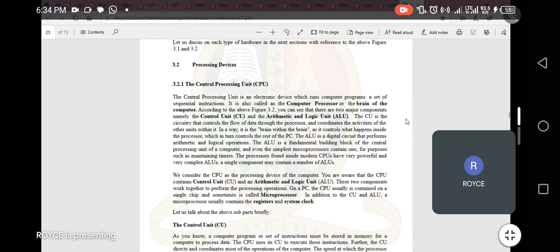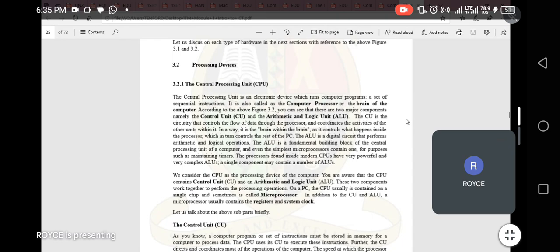There are two major components of the central processing unit. These are just the major components. There are other small components such as the registers. But the major components are the arithmetic logic unit and also the control unit.